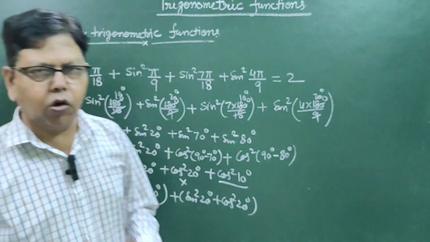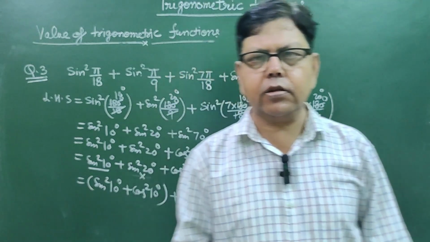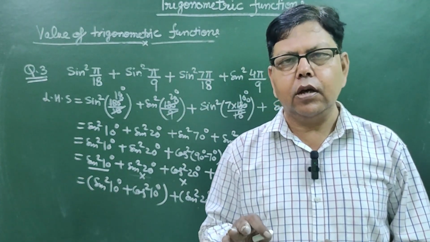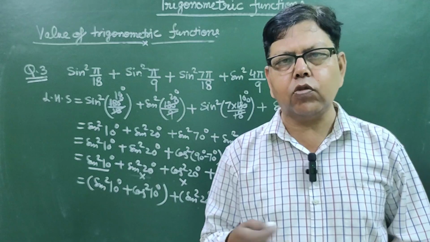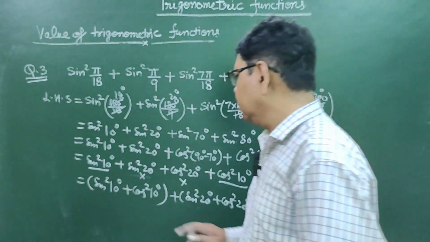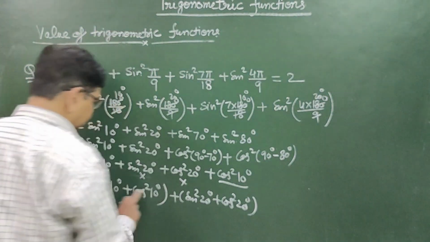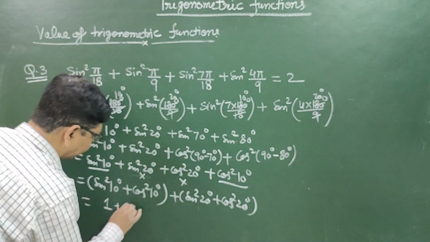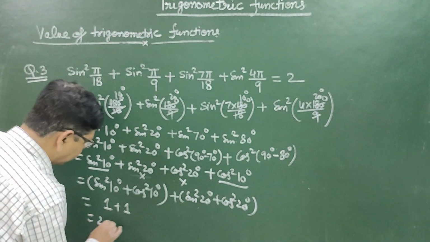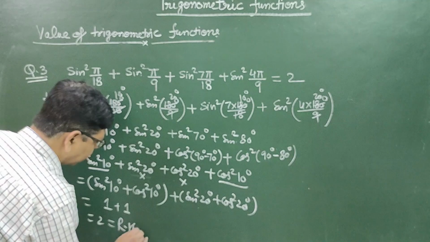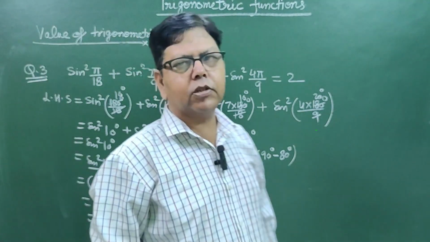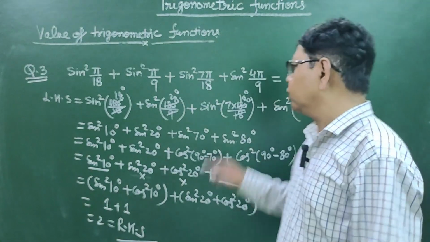And you know the identity sin square theta plus cos square theta is equal to 1. So putting this value, the first bracket is equal to 1 and the second bracket is also equal to 1. 1 plus 1 is equal to 2, which is the right hand side. So it is proved that the value of this expression is equal to 2.